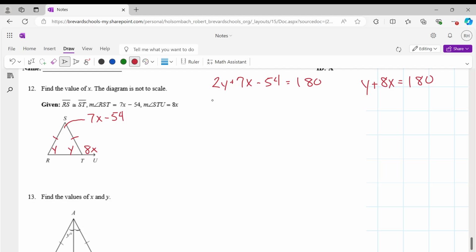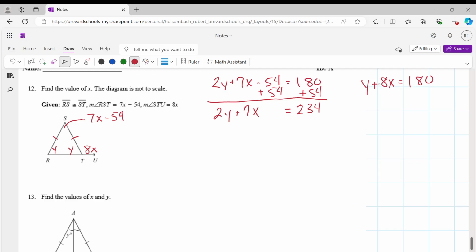So we're going to take this equation on the left and clean it up. We're going to add 54 to each side. So we get 2y plus 7x is equal to 234. Then we're going to leave it alone, just leave it alone right there.